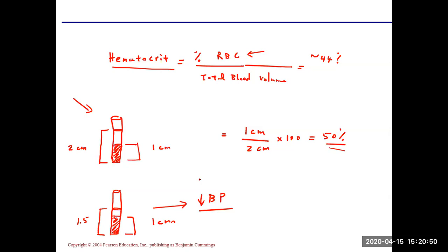So what is happening now? As time passes, obviously there's going to be more fluid in the person's body. You're putting an isotonic solution in to raise the blood pressure. But if you do it too much, or the person gets way too hydrated, now the scenario is going to be different.